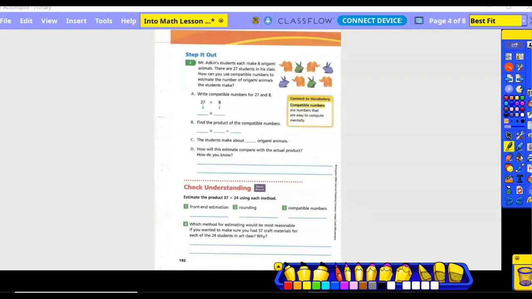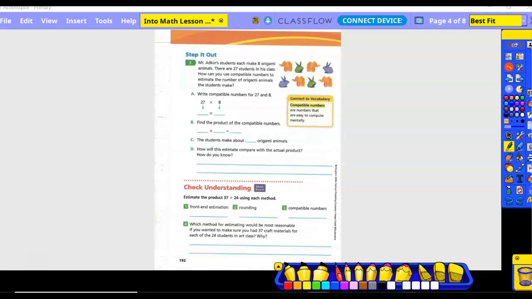Stepping out, number 3. Mr. Atkins' students each make 8 origami animals. There are 27 students in his class. How can you use compatible numbers to estimate the number of origami animals the students make? Write compatible numbers for 27 and 8.